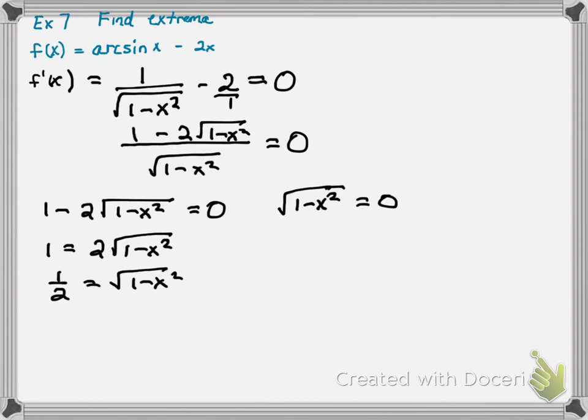Alright, so now I'm going to need to square both sides to get rid of the square root. So if I square the 1/2, I'll get a 1/4. If I square the square root, they'll cancel each other out, and I'll have 1 minus x squared. And so now at this point, we could move our 1 over and make it a quarter minus 1.